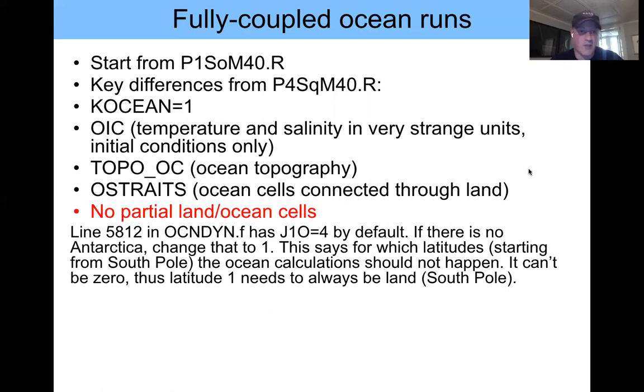One quick tip also, if you're running a planet that doesn't have land mass at the South Pole, and Mike touched upon this earlier in his presentation, you might want to go in the source directory, in the model directory, and look at the file called oceandin.f and make sure that the variable J10, which represents the lowest latitude at which the ocean dynamics are computed, is equal to 1.